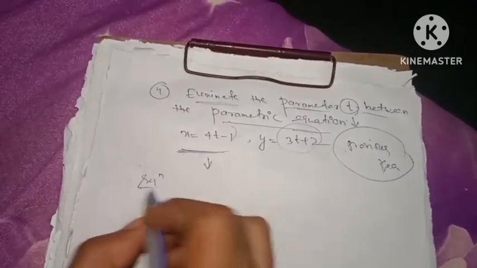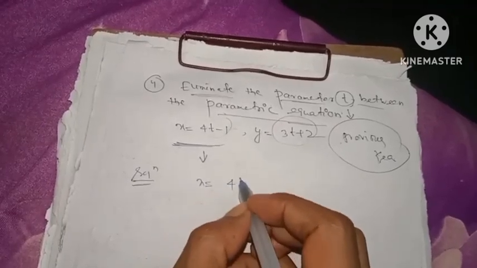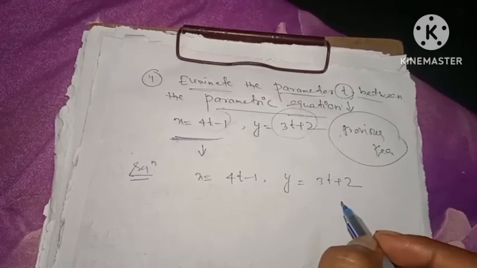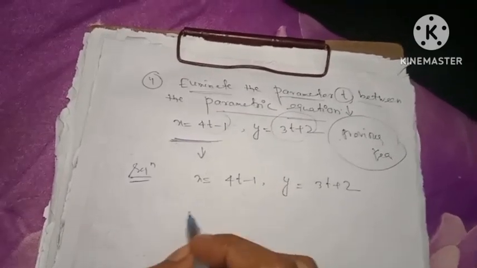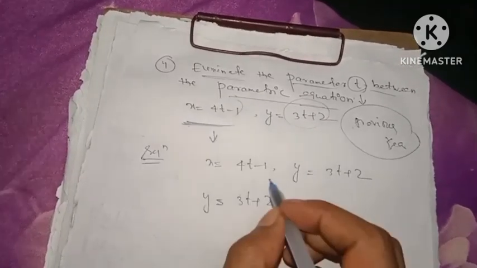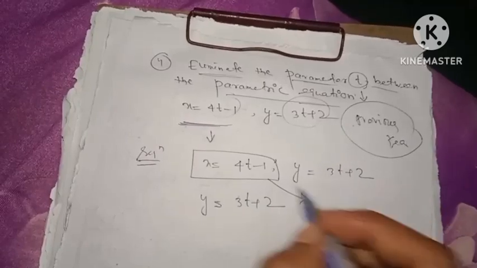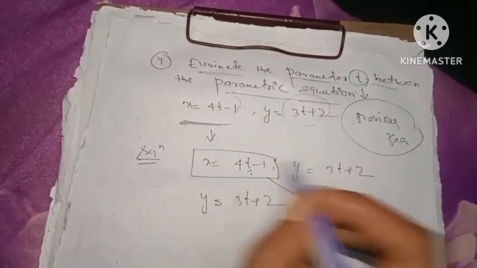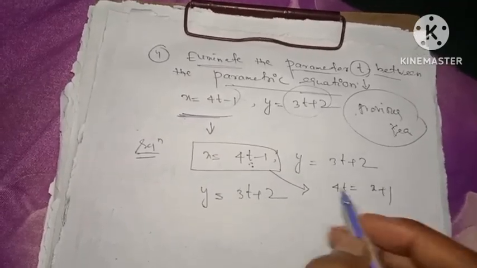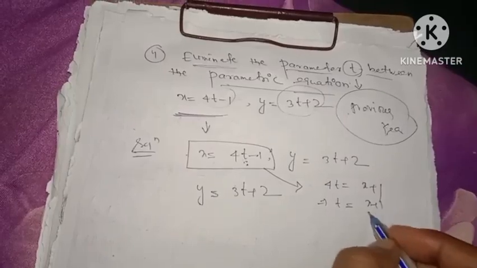So I will write the equations x equal to 4t minus 1 and y equal to 3t plus 2. Find the value of t in the x equation: 4t equal to x plus 1, so t equal to x plus 1 over 4.